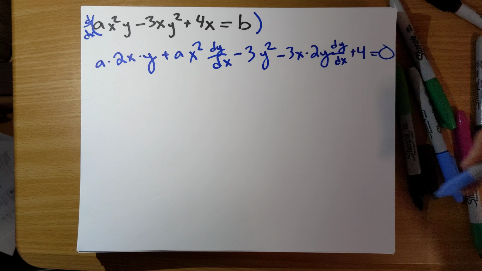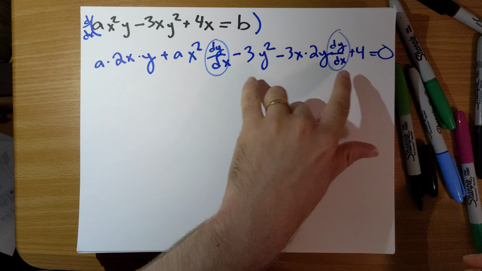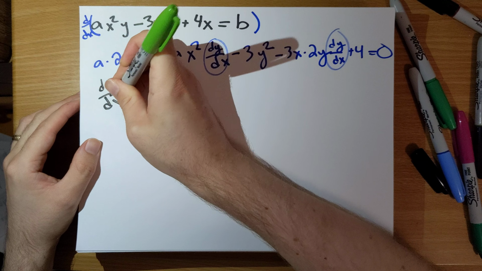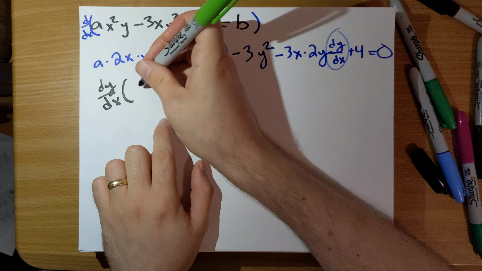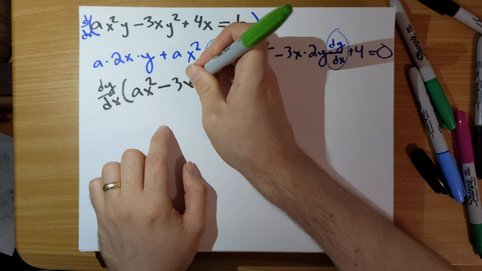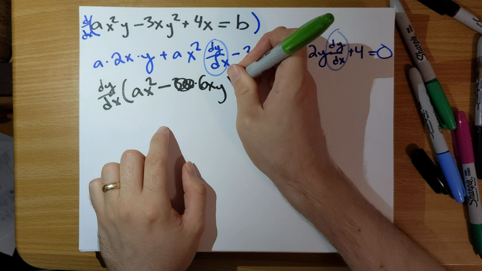Now we need to solve for dy/dx. So we're going to keep all of the dy/dx terms on the left here. dy/dx times ax squared minus 3x times 2y. I guess I should write that as 6xy.